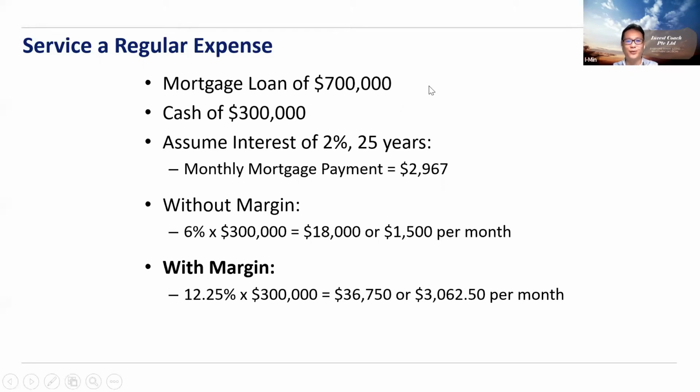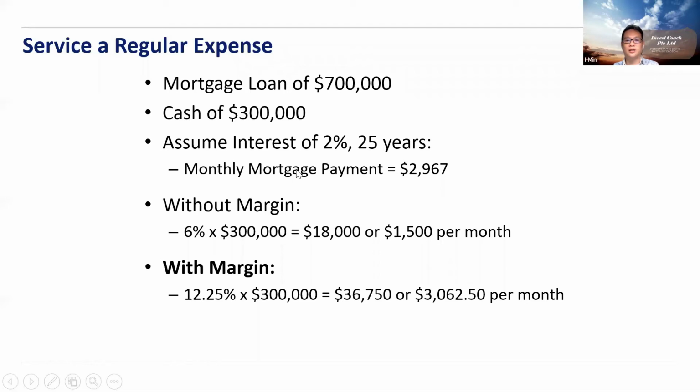Before I go to the exact example, I just want to share some numbers first. So let's say same thing, a $1 million property. You put in cash of 300,000, you borrow 700,000. Okay, sorry, let's say for example you have $600,000. You go and buy a $1 million property, take a mortgage loan of 700,000, then the other 300,000 you go and invest in REITs, for example.